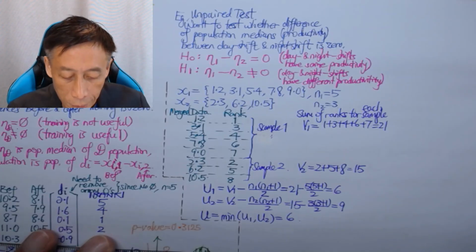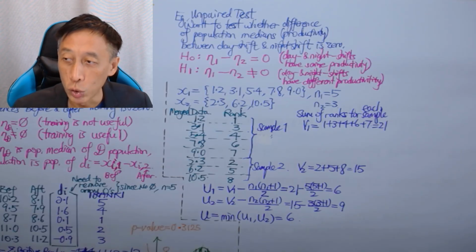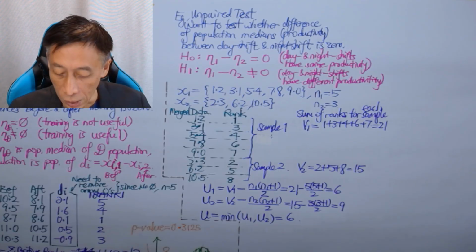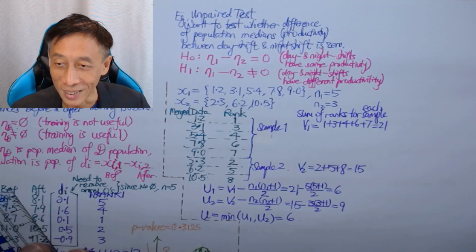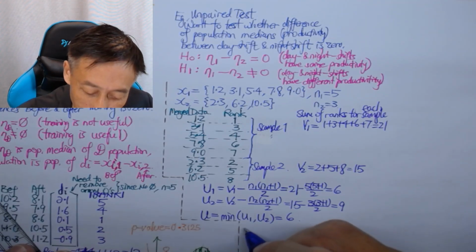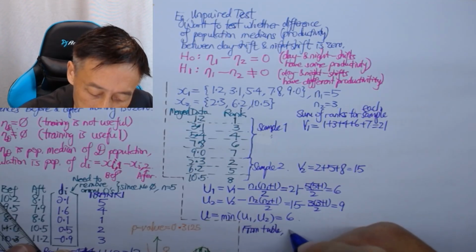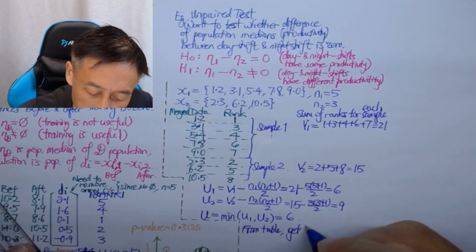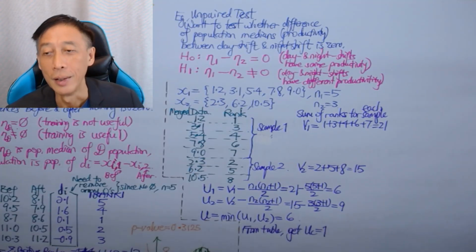For the Mann-Whitney test, we have to use the Mann-Whitney critical table. So from the table, we get the critical value UC equals 1.